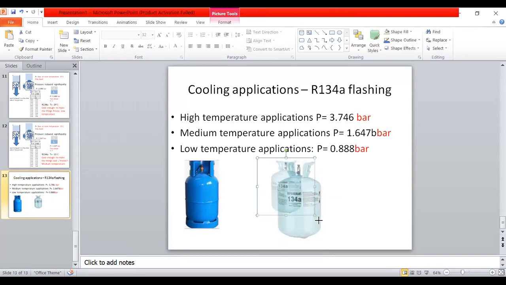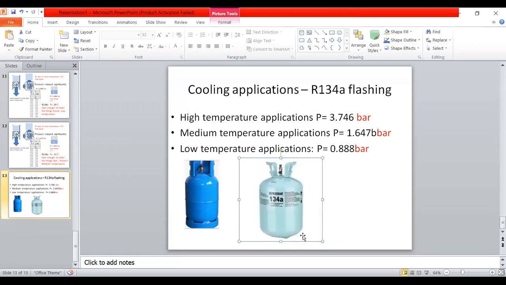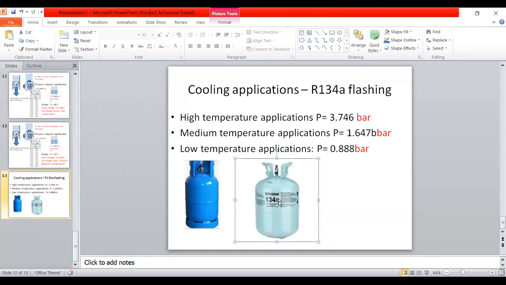This is an R134 gas cylinder, which means that at normal temperatures, at our temperatures, this R134 is in gas form.